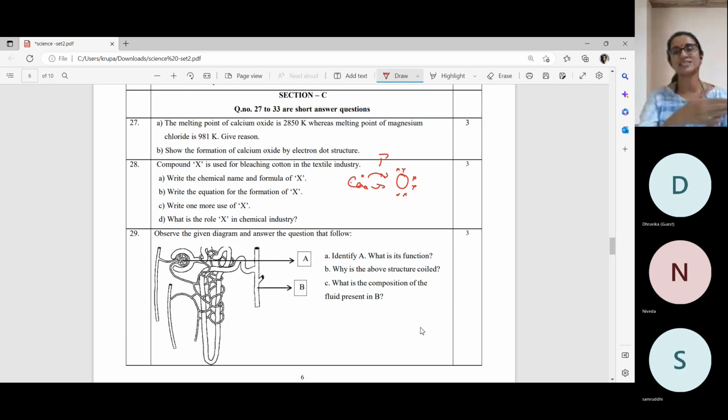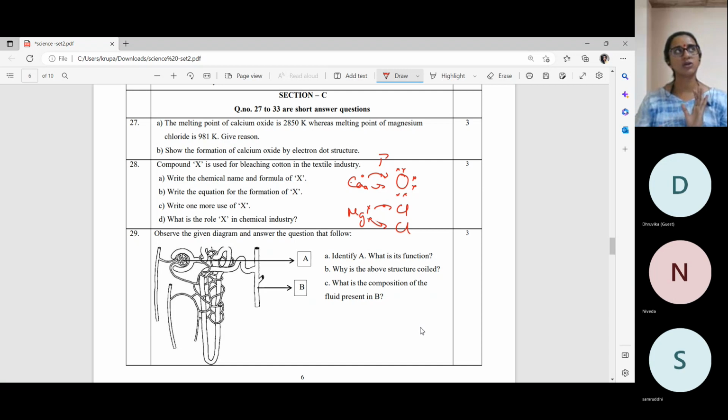When we are not talking about a covalent bond, see, magnesium chloride is also an ionic bond. The difference is that it is donating 1 electron to each of the Cl atoms. So while Mg is 2 plus, your chlorines are only 1 minus. So it is easier to break it.